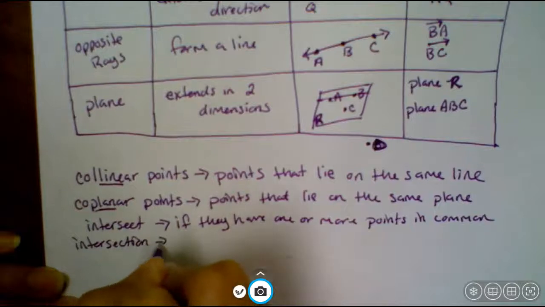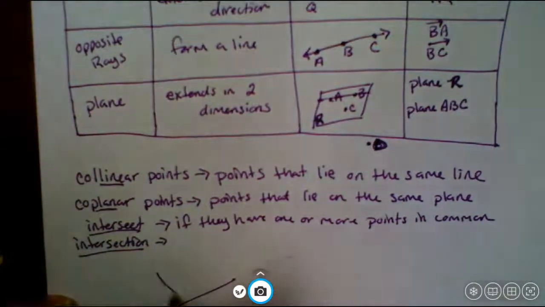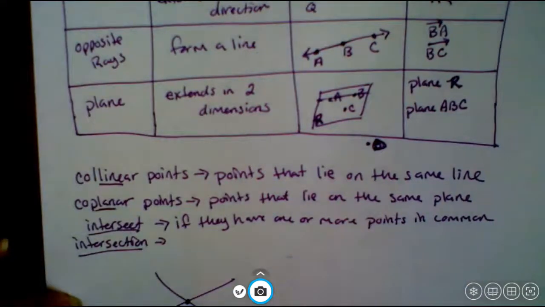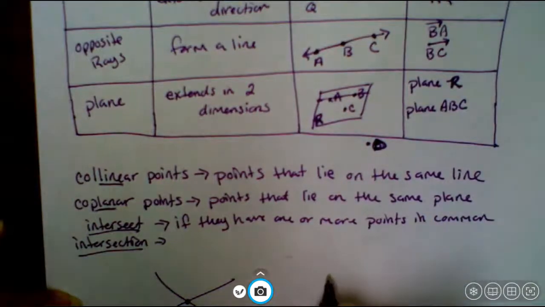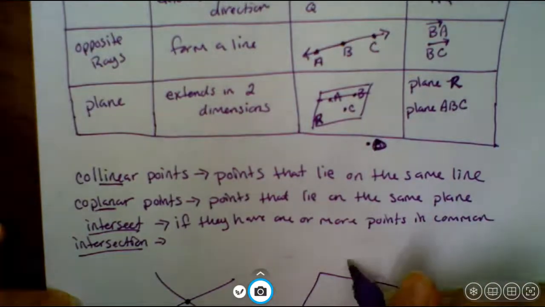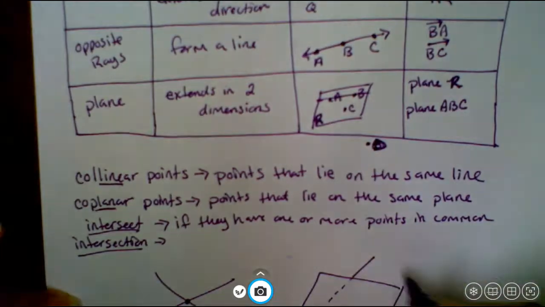So the intersection would be, if I draw these two lines, where do they intersect? They intersect right here at a point. If I have two planes, which I am terrible at drawing, but I will try, I have this plane here, and then I draw a plane that's going up and down. Dotted lines are when it's behind the figure.